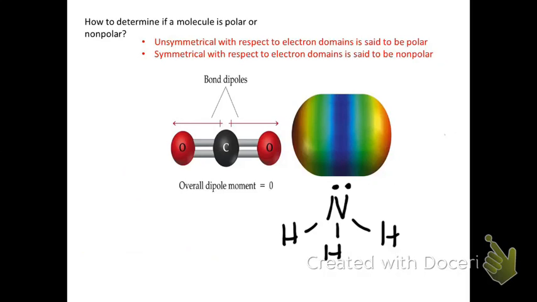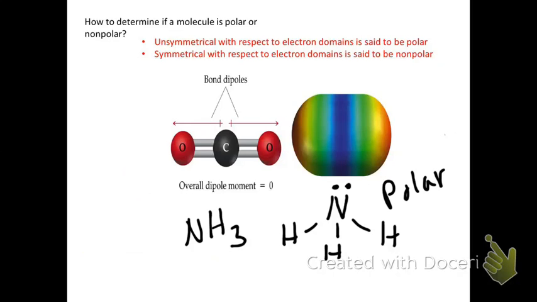The question is, is nitrogen symmetrical or is it unsymmetrical? Well, if you look closely, you'll see that it should be unsymmetrical because of that lone pair there. So therefore, ammonia, NH3, is going to be a polar molecule.